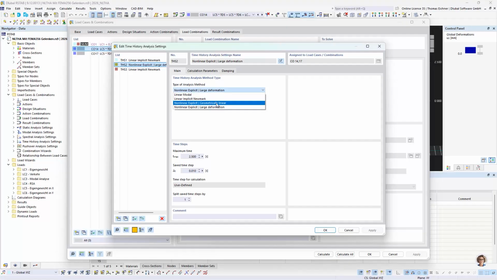It's 2 solvers, one is geometrically linear and one is with large deformations. As a hint, even though it's called nonlinear explicit, it has some benefits within the solver which relate to the implicit Newmark one. So it's not purely a nonlinear explicit one, but that information is not completely clear to me.